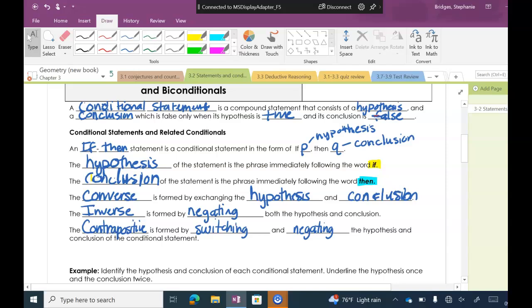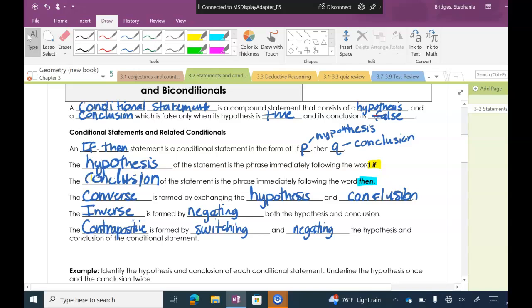Then we're going to write the inverse, which goes back to the original, and it says we negate the hypothesis and the conclusion. So it would say if not P, then not Q. And then we have our contrapositive, sorry, we already did converse.